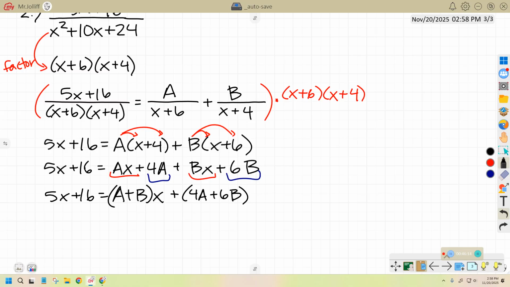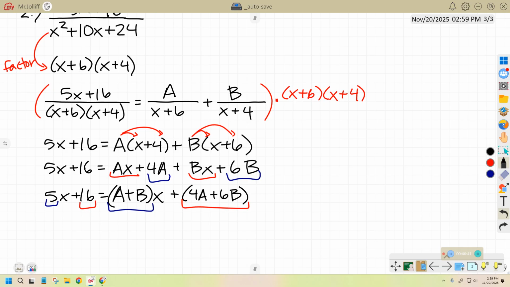So a constant times x plus a constant equals a constant times x plus a constant. Meaning I've got slope-intercept form on the left and the right. The slopes have to match. The intercepts have to match. So slope with slope, y-intercept with y-intercept.